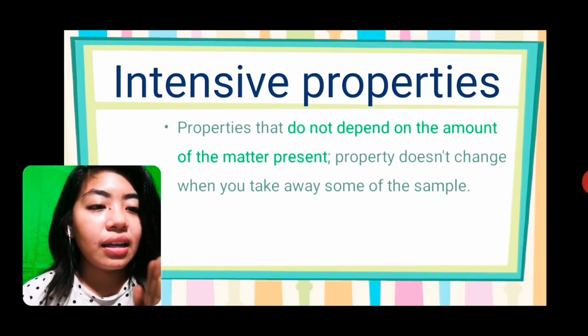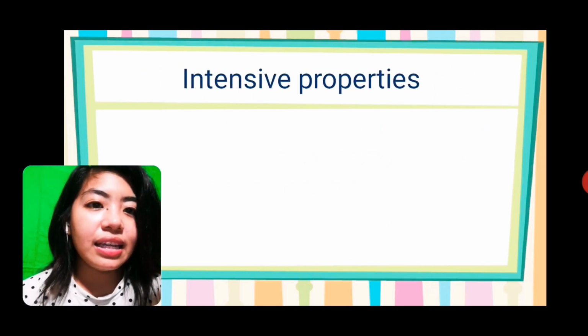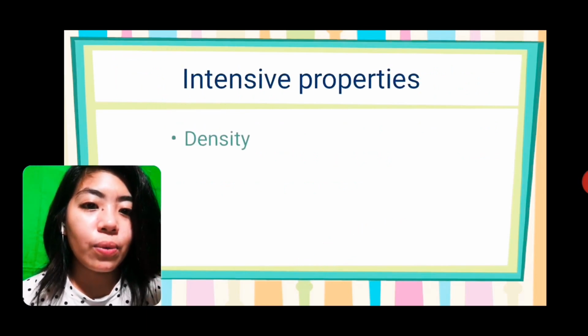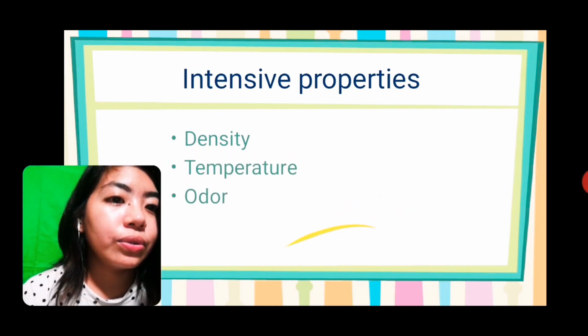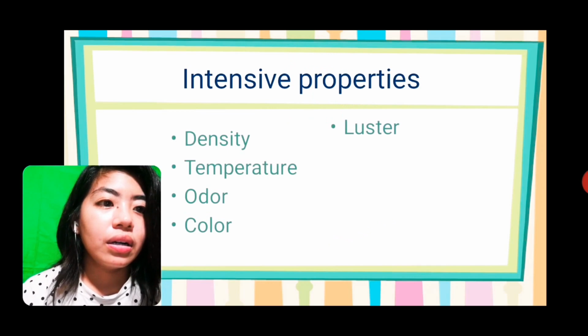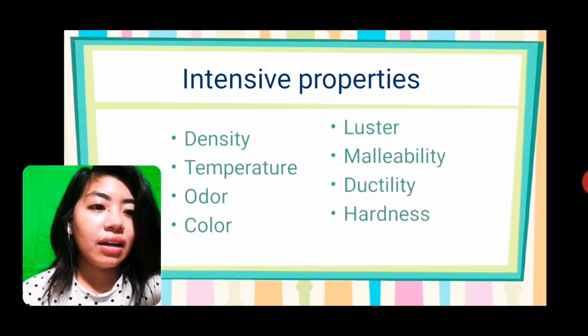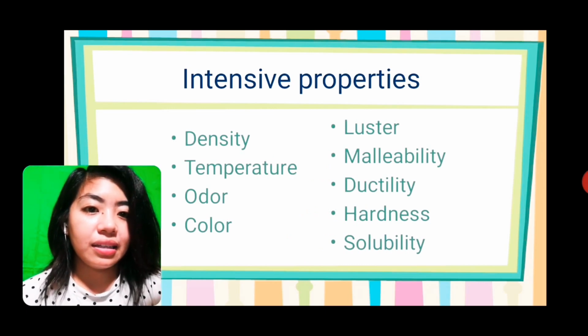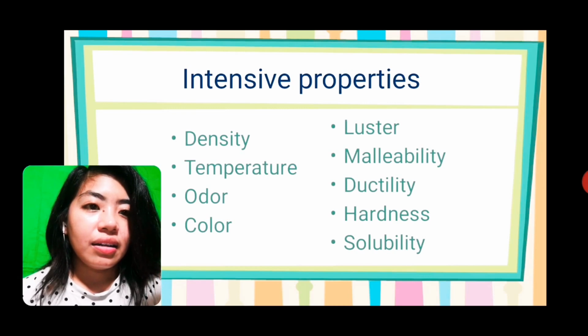Ang tinitingnan niya is the other properties na under niya. So, under intensive property, we have here the density, temperature, the odor, color, luster, malleability, ductility, hardness, and solubility. So, ito yung mga i-discuss natin under dito sa intensive properties.